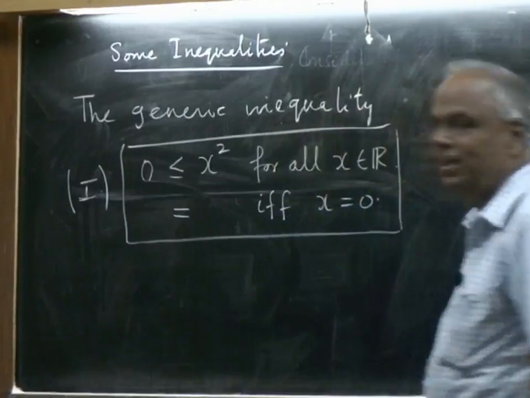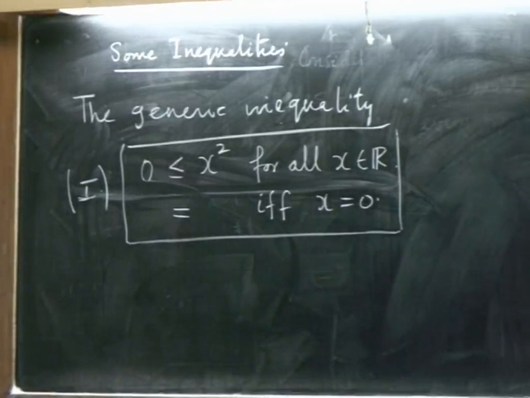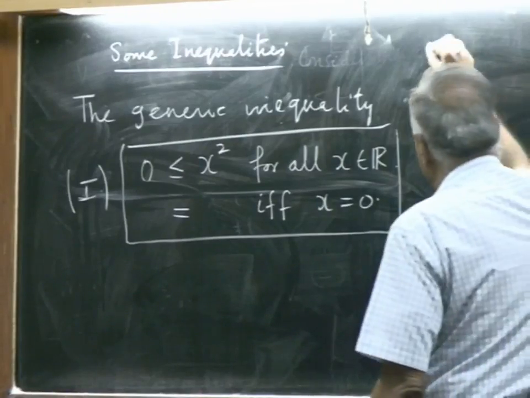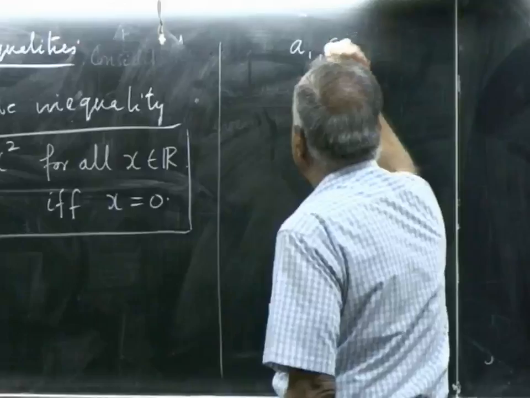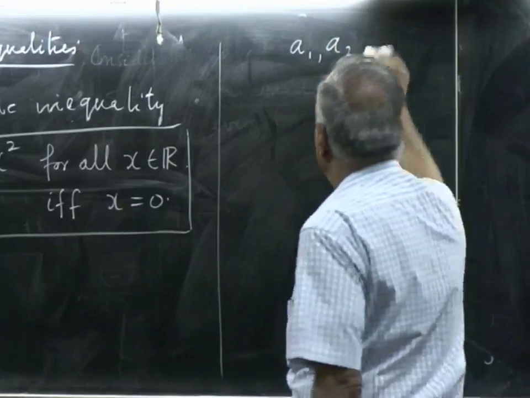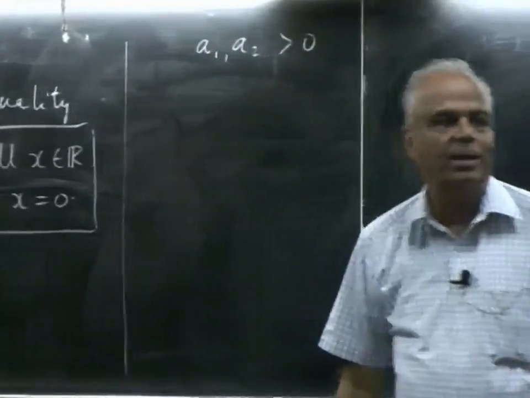In about 10 minutes, I will prove one inequality which is the next level. Most of the inequalities are built on this by choosing the right x. You choose the right x's and go on building, and you get several inequalities. So now let us take two real numbers, without loss of generality, greater than 0.